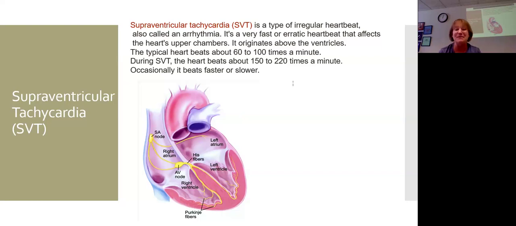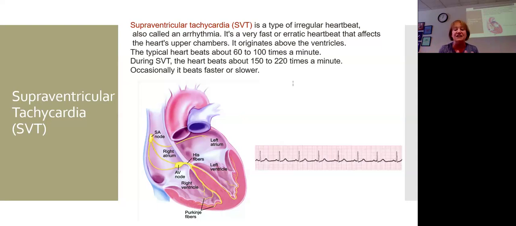So it wasn't your time. So SVT is a type of irregular heartbeat, also called an arrhythmia. It's very fast or erratic heartbeats that affect the upper chambers. It originates above the ventricles, just like Linda was telling us, supra is above the ventricles. The typical heart beats around 60 to 100 times a minute.